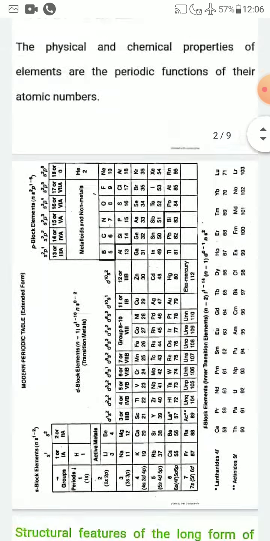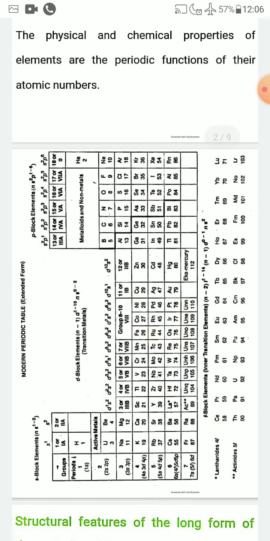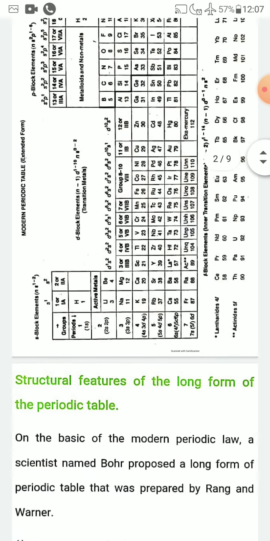You can see the 14 actinide elements from thorium to lawrencium, that is atomic number 90 to 103, also placed at the bottom of the modern periodic table.